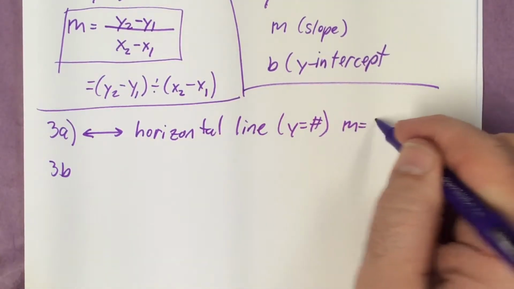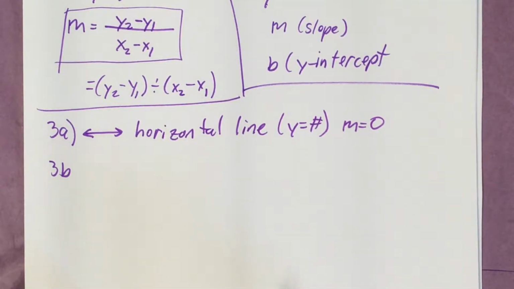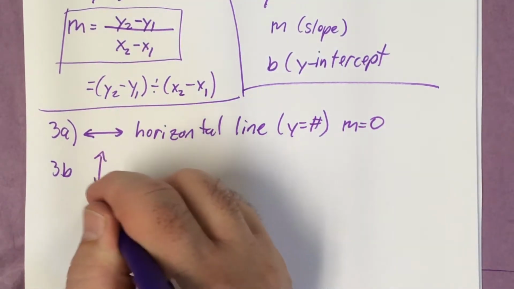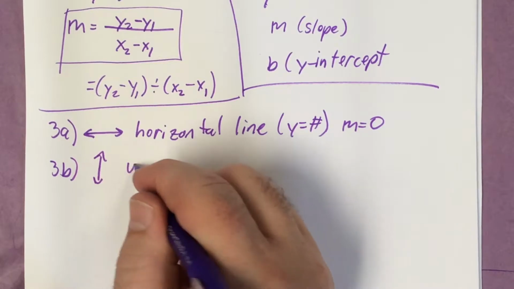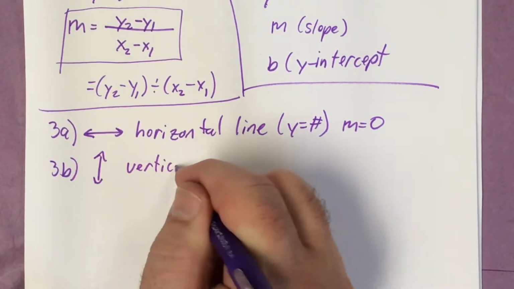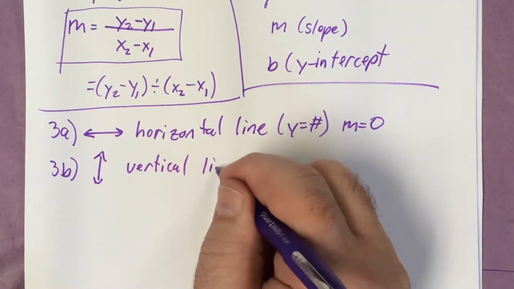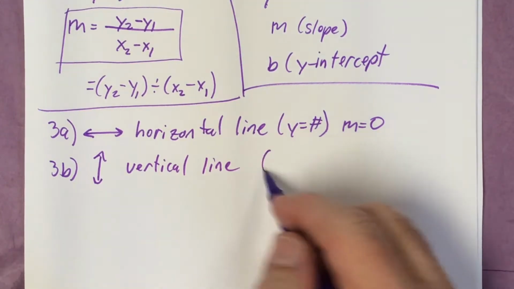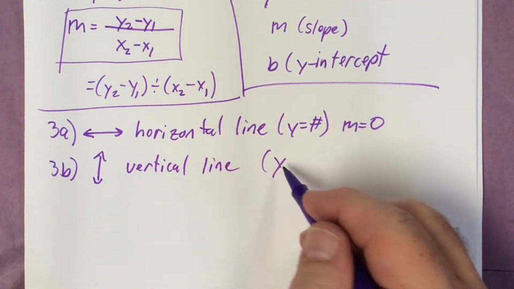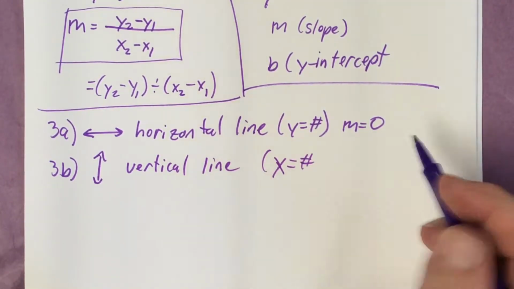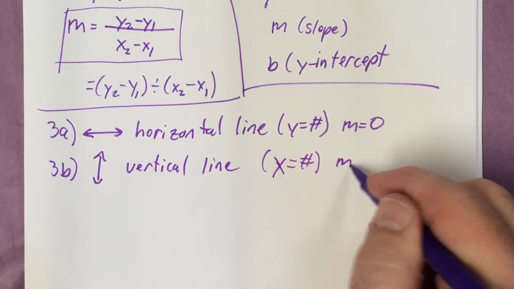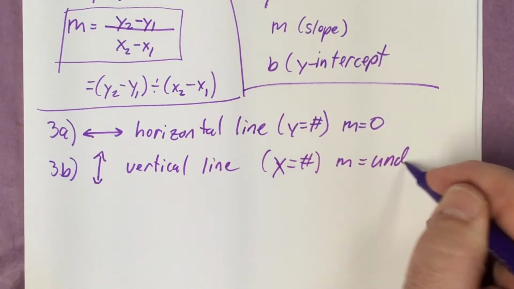Then the slope of that line is going to be equal to 0. On the other hand, if we have a vertical line, that's not going to be in the form of y equals some number, that's going to be in the form of x equaling some number, then we say here that the slope is going to be undefined.